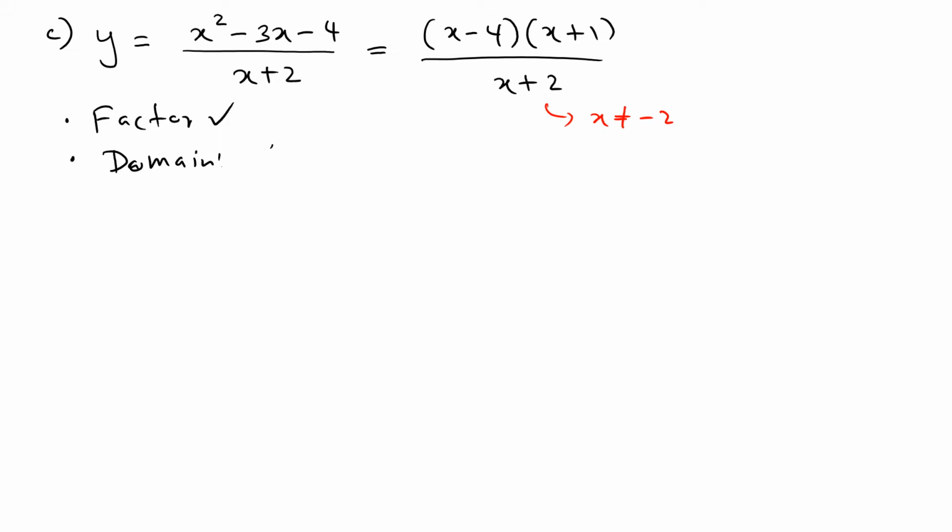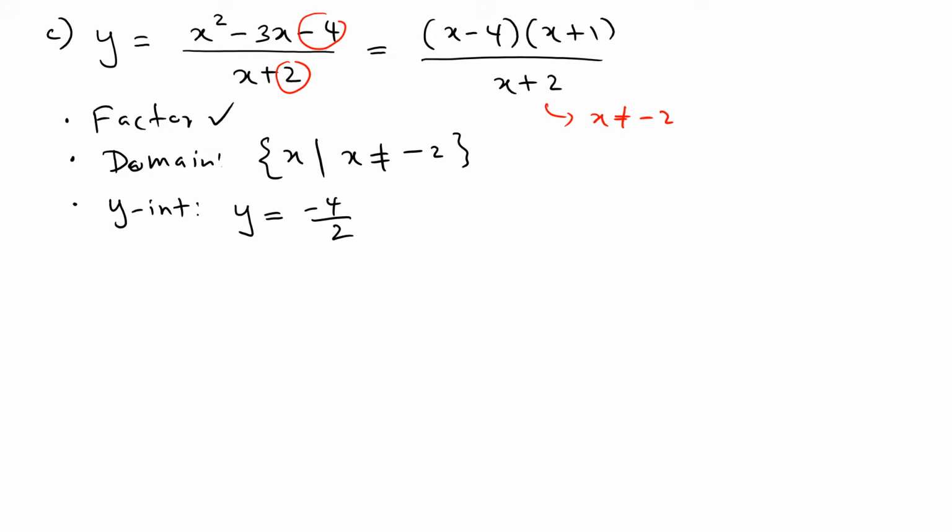So the domain is x such that x not equal to -2, and then the y-intercept. The y-intercept is plug in x equals 0. If you plug in x equals 0, you get y equal -4 divided by 2. So that means you get -2.